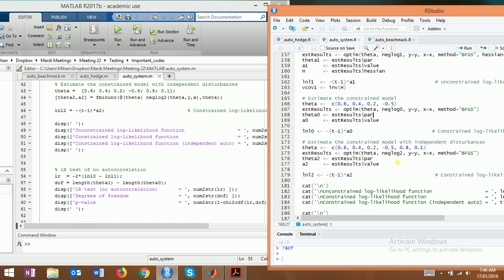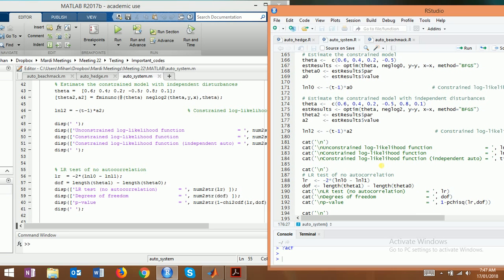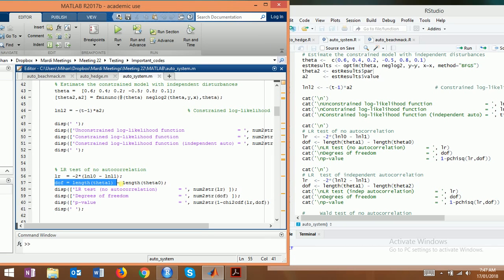Fine. Then the LR test takes the difference between the constraint and unconstrained. Degrees of freedom is important. We keep forgetting about degrees of freedom. It's good to test degrees of freedom every time. Degrees of freedom is length of theta 1 minus length of theta naught. So for these two log likelihoods, theta 1 is being estimated here, theta naught is given, so the difference is the degrees of freedom.